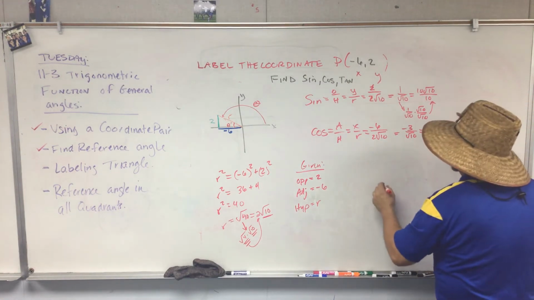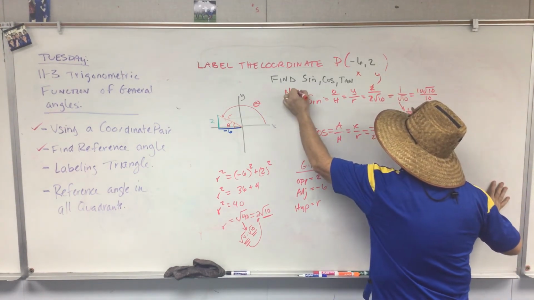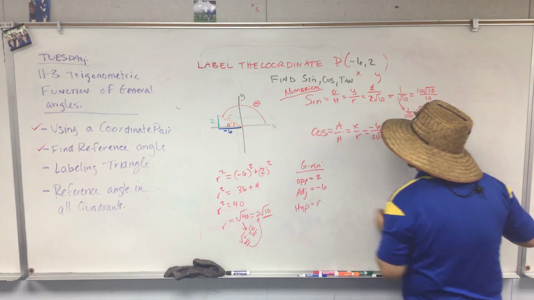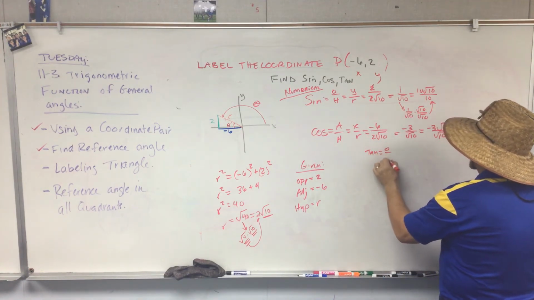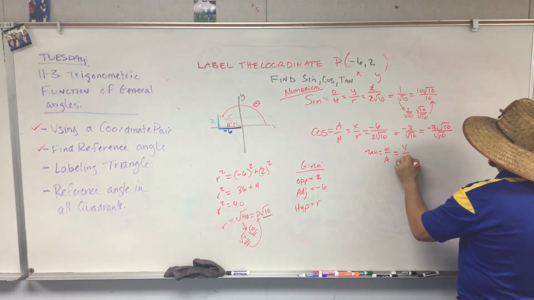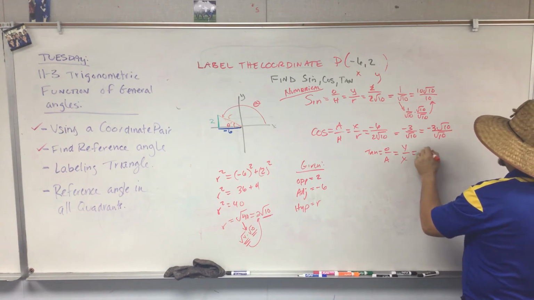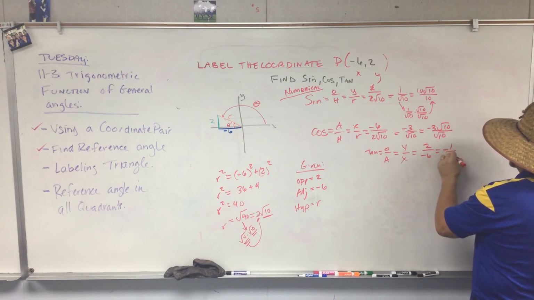That's the way we can do it. And then our last one, tangent, is opposite over adjacent, which is equal to y over x, which is equal to 2 over negative 6, which is equal to negative 1/3.